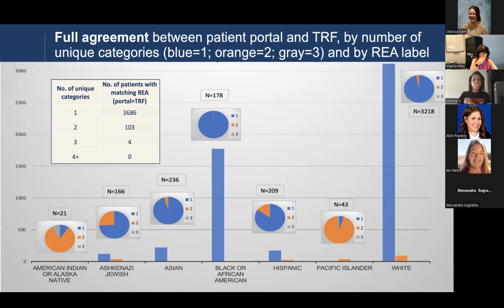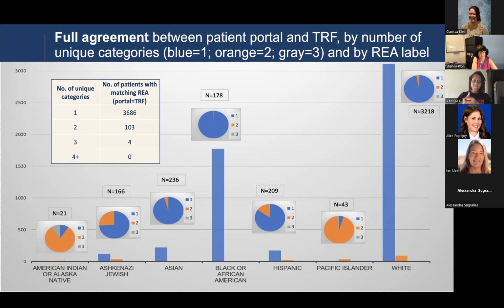Yeah, I don't really have a question about it. I look at what's available and I'm not surprised by the distribution, because I don't think there are specific or granular enough categories for some of the groups to self-identify or self-select.